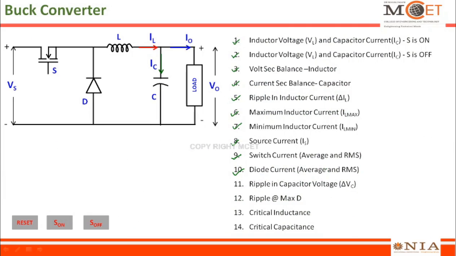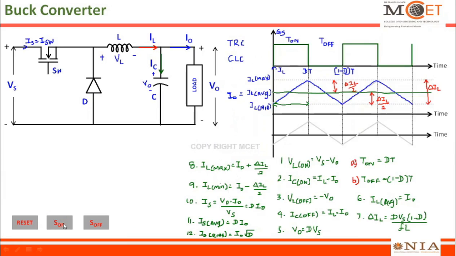Let us look into the diode current expressions. If you look at the modes of operation, the diode comes into the picture only when the switch is in off condition. Only when the switch is off will the diode be having current through it. This is the point where the diode is turned on, that is when the switch is off. From this point till this point there is no current.